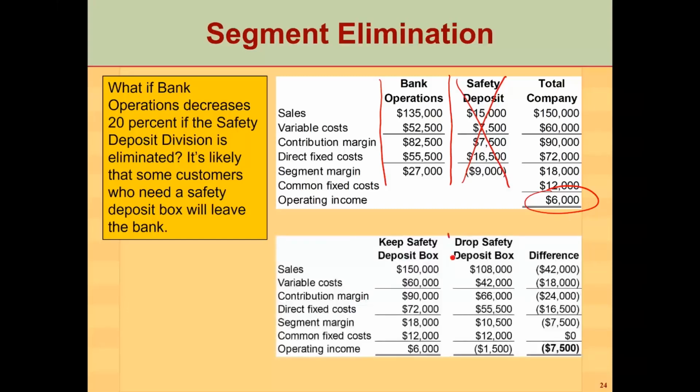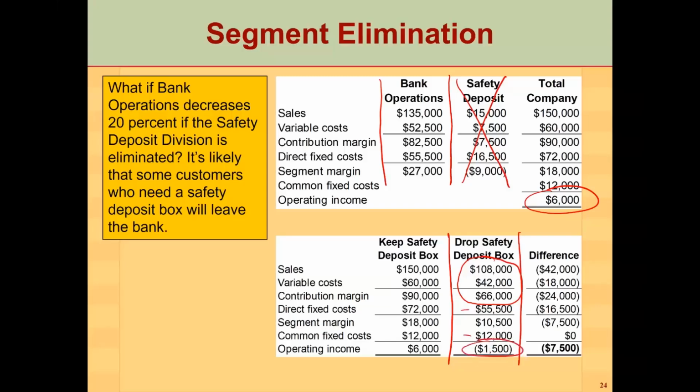Well, here is where I would be after if I eliminated the safety deposit box service and lost 20% of my customers from the bank operations. This entire top part, the sales, the variable costs, and the contribution margin, that goes down by 20%. The fixed costs stay, the common fixed costs stay.